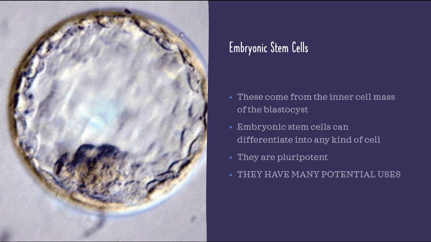So when it comes to embryonal stem cell research and clinical use, you start off with one of these blastocysts, so 5 days old, and then you harvest the inner cell mass. Very delicate process.